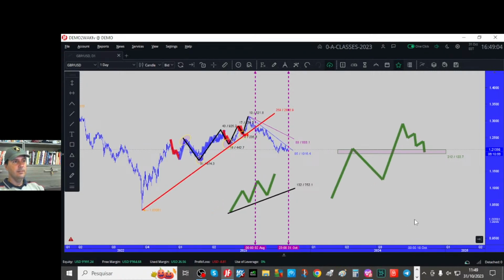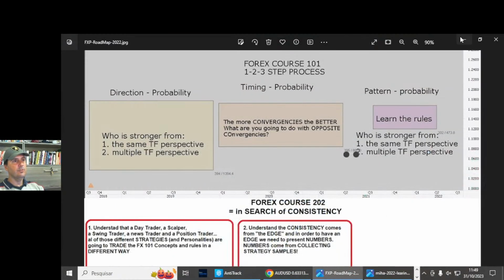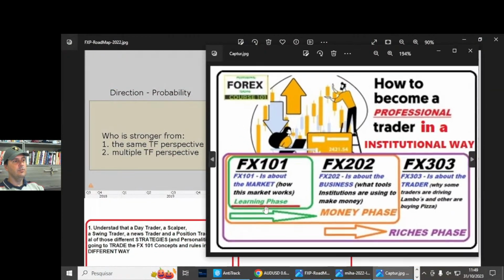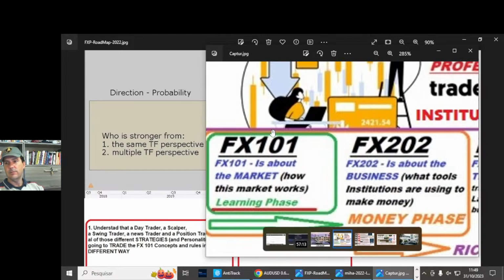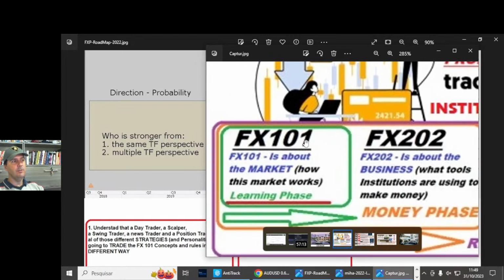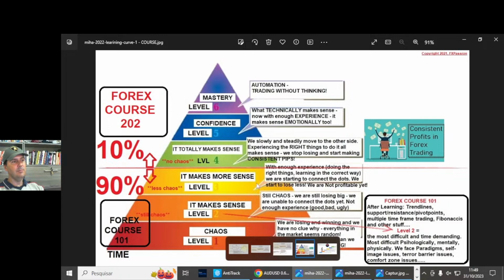Okay? I'm going to hurt some of you, but this is the truth. You cannot make money if you don't understand how this market works. Impossible. And I'm going to correct myself. You cannot make consistent money if the market doesn't make sense to you. And this is why it takes some time, approximately 1 year or maybe 1 year and a half. So there is no right or wrong.